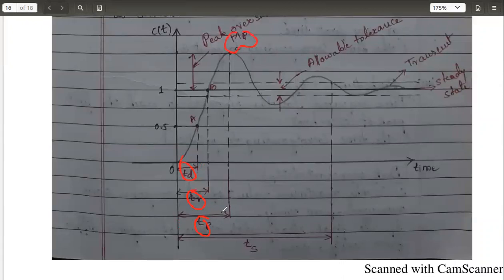These are the performance parameters for analyzing the time response. I have given you an analogy also of how performance parameters are important to analyze performance. So these are 5 parameters, and we will look into how they are defined.